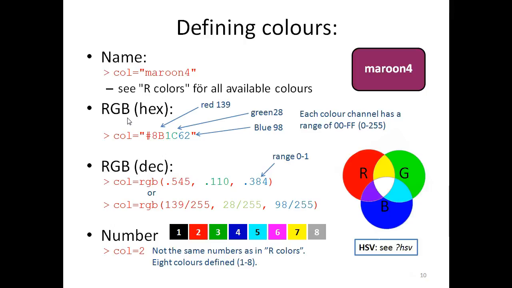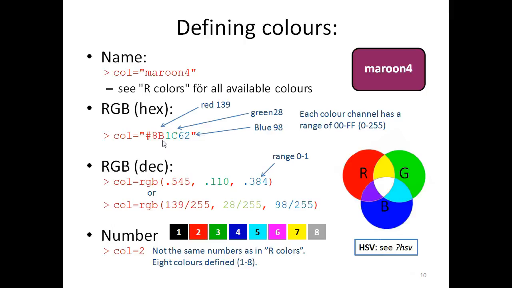And when defining them, you simply write color, or whatever the argument is called, equals, and then within quotation marks a number sign followed by the 3 codes for R, G and B. Unfortunately, you can't provide them in the usual form that you would get them, like 139, 28, 98, but you have to provide them in hexadecimal format.